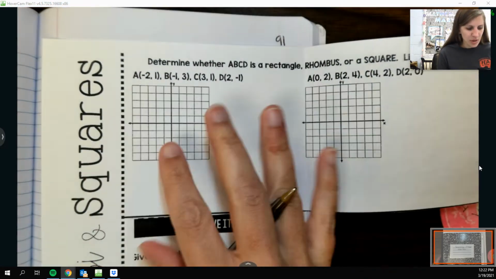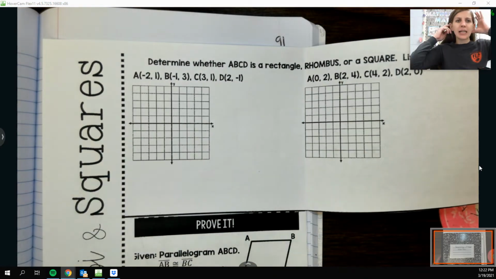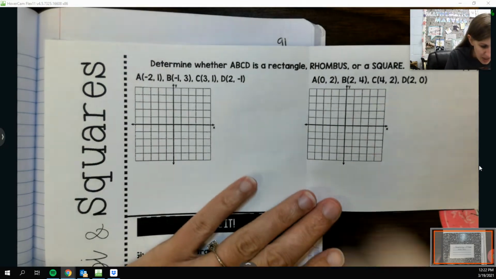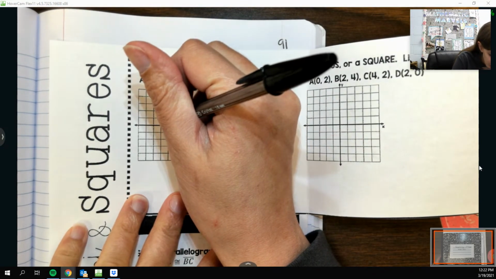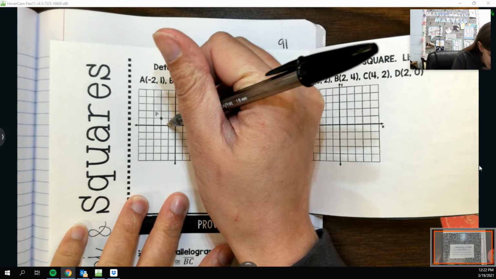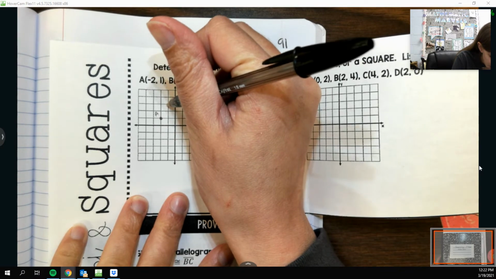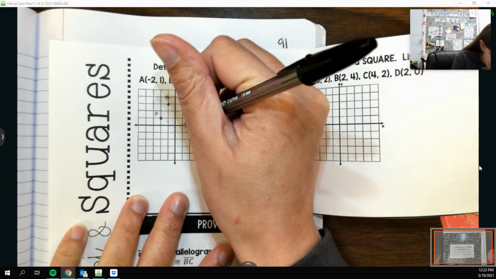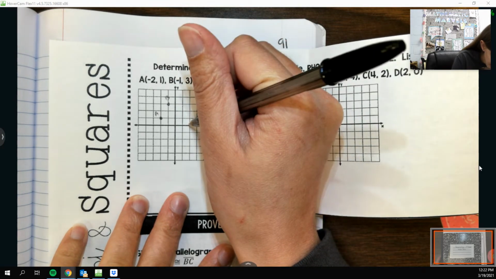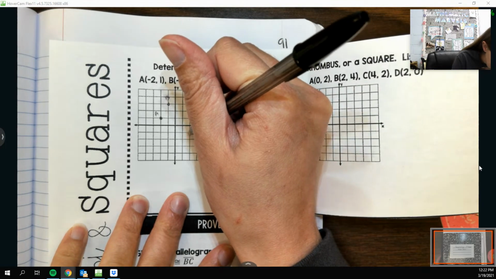Okay, so we're going to do 2 more where we determine if we have a rectangle, rhombus, or square. So if we try this one here, we got -2, 1, -1, 3, 3, 1, and 2, -1.